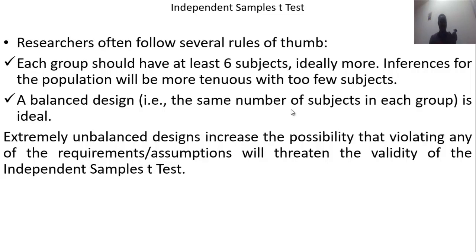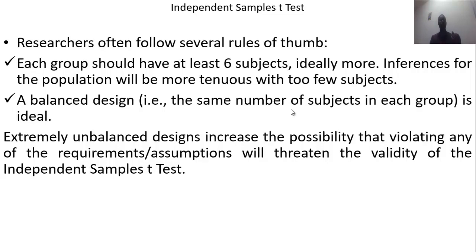Another rule is a balanced design: the same number of subjects in each group. Therefore, when you are including male and female students in your study, you have to make sure that you have an equal, or nearly equal, number of female students and male students.